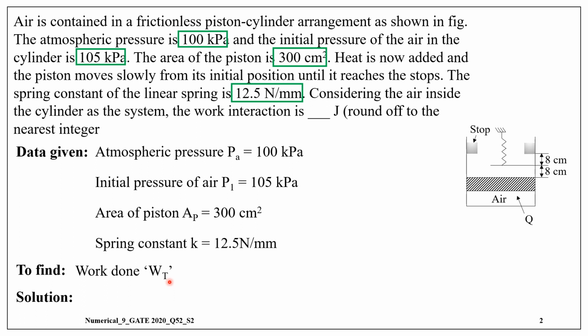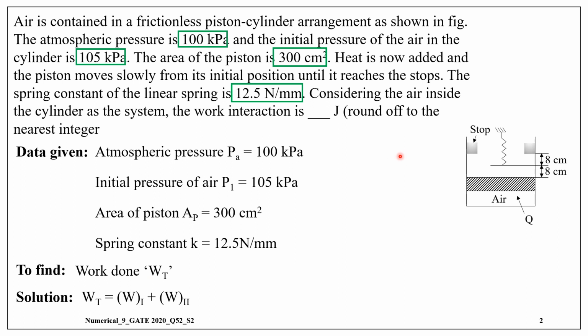The work done WT is equal to W1 plus W2. What is this W1 and W2? The movement of the piston due to the addition of heat Q is divided into two steps, that is W1 and W2.